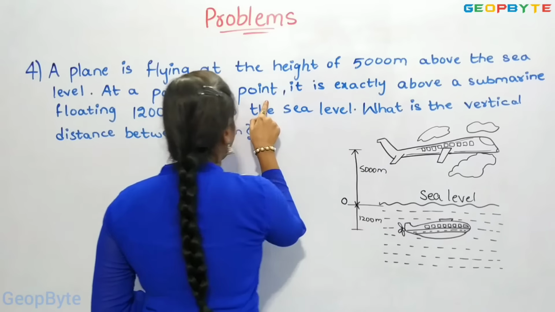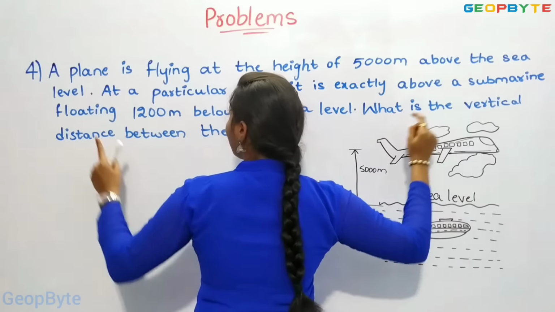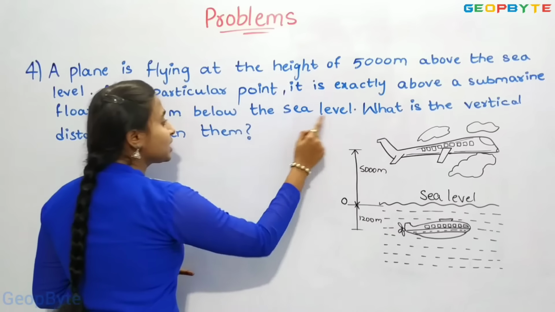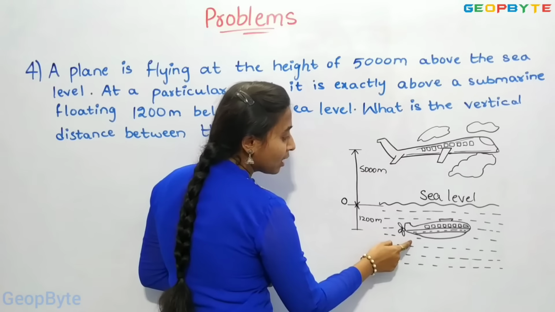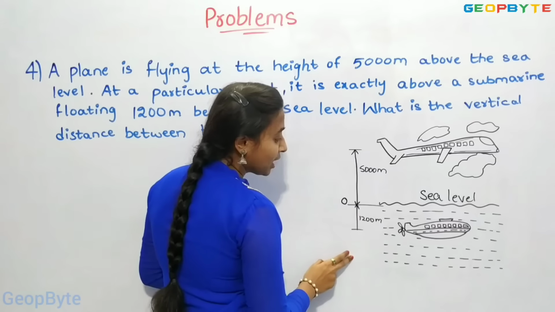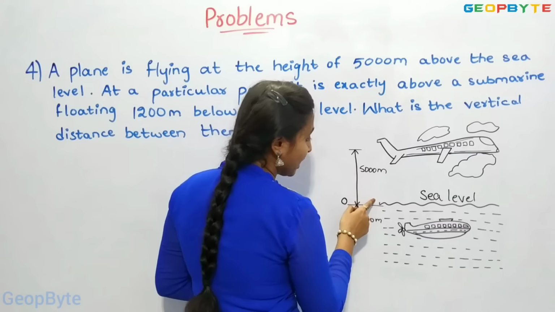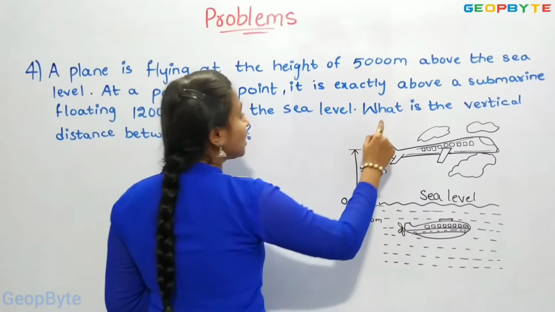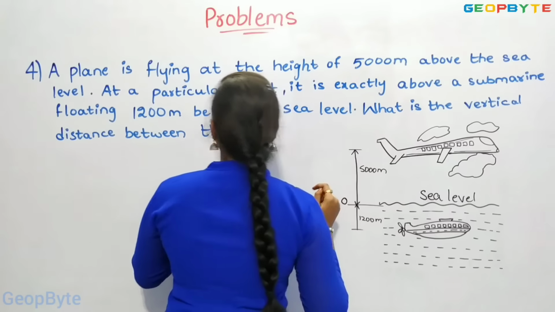At a particular point, it is exactly above a submarine floating 1200 meters below the sea level. If you see here, the submarine is floating below the sea level. That is 1200 meters distance is there between the sea level and the submarine. Now, what they have asked, what is the vertical distance between them?